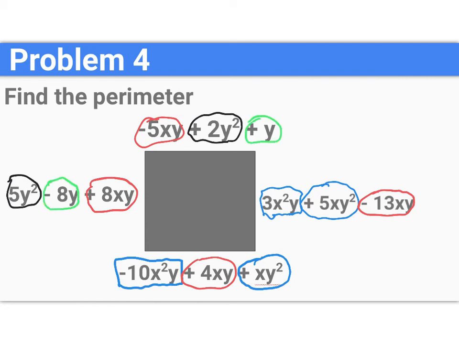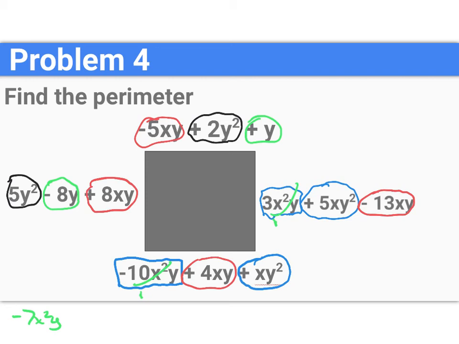Okay, so let's add our blue. That's supposed to be a square. So 3x squared y right here and negative 10x squared y become negative 7x squared y. We dealt with those, so I'll cross those out.